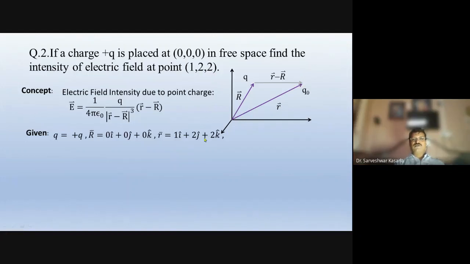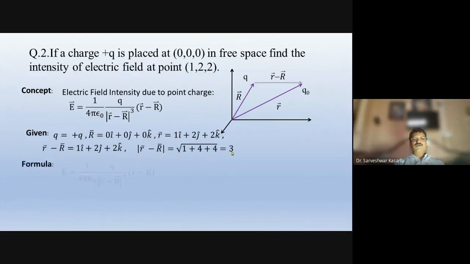Therefore this is the position vector where the intensity is to be found. Since capital R and small r are given, one can easily find the vector r minus R, that is equal to 1i plus 2j plus 2k. So the magnitude of vector r minus R is equal to 3.